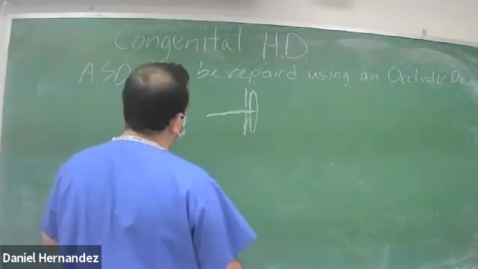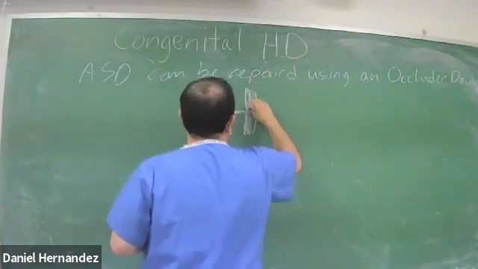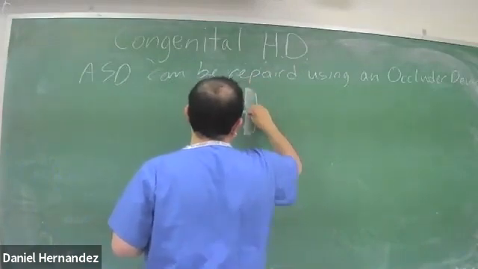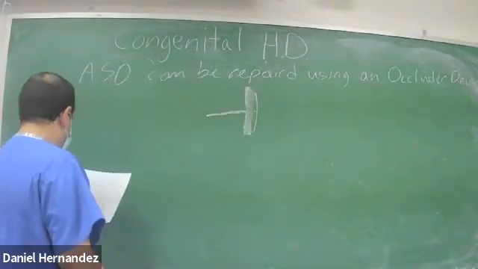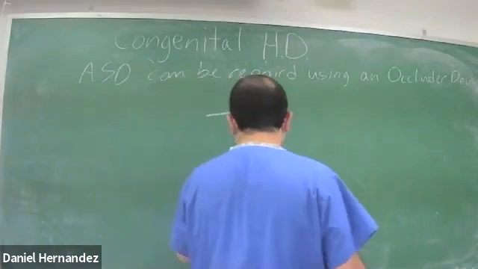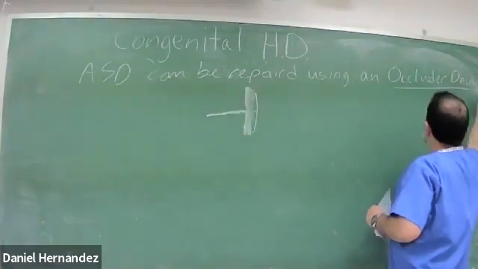Eventually over time, the septum is going to grow over that occluder device and fuse with the septum. They're closed using an occluder device.